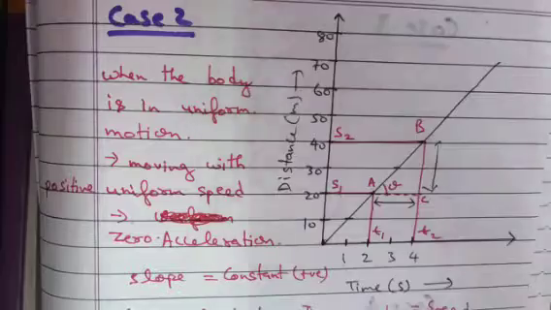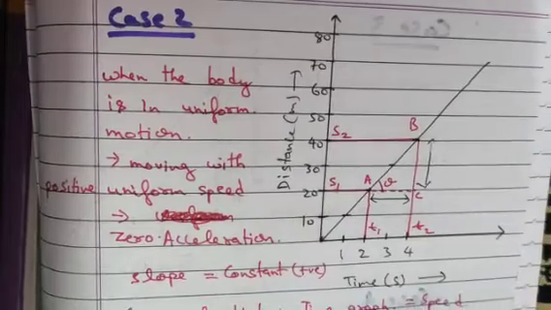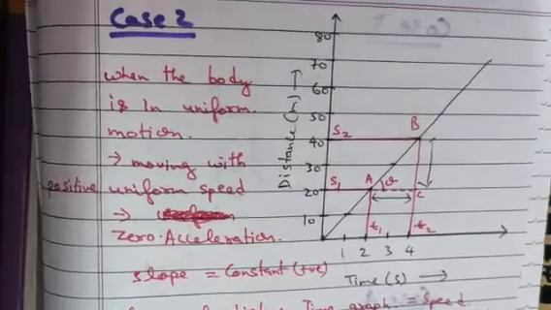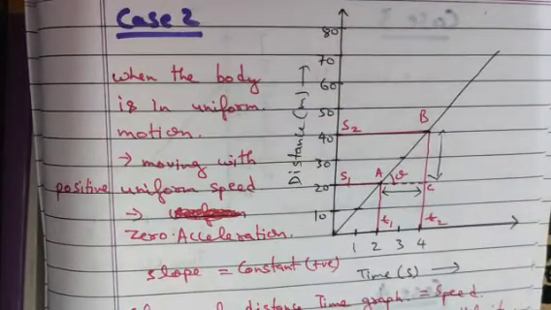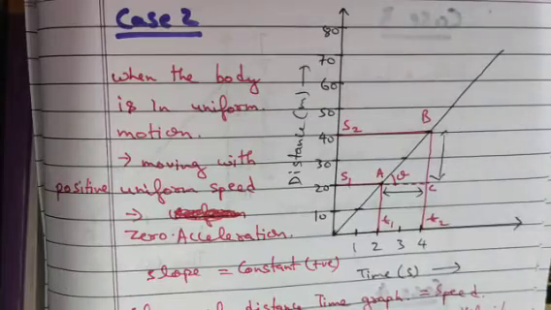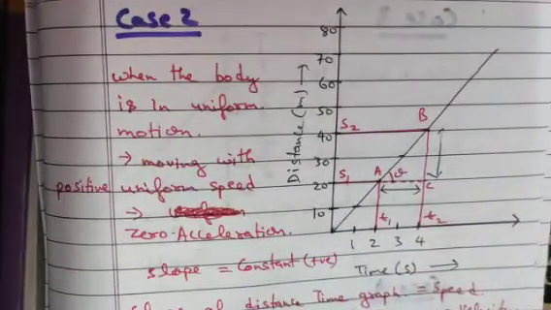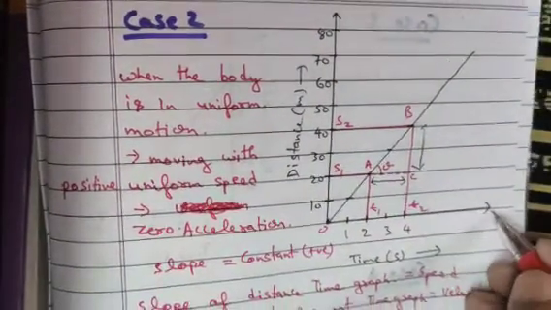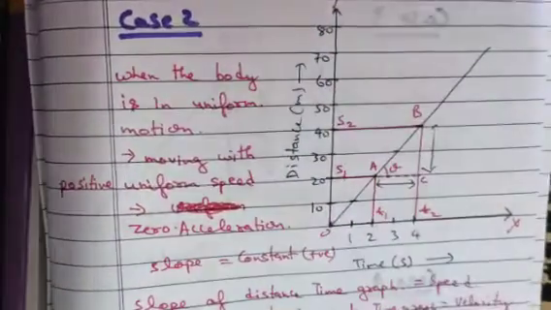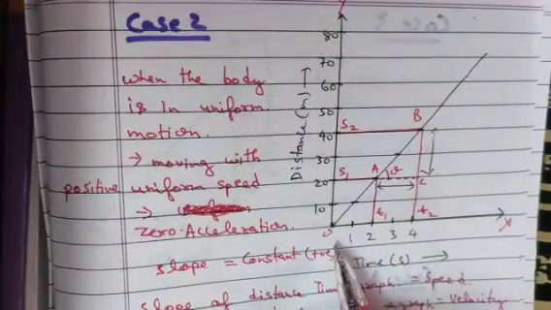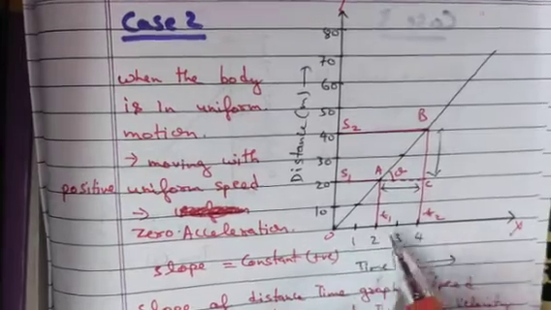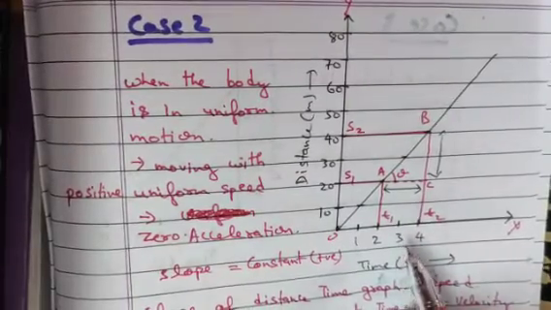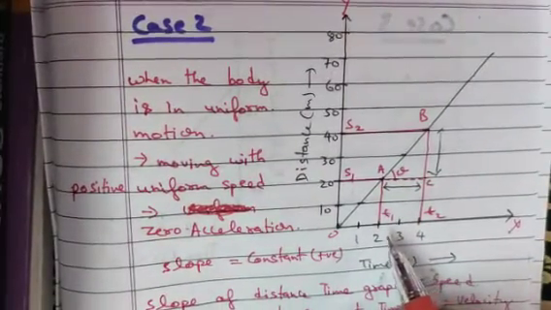Now the second case: when a body is in uniform motion, meaning it is moving with a uniform, constant speed, the graph will be a straight line passing through the origin. The point of intersection of the x and y axes is called the origin. This is the x-axis and this is the y-axis. The speed of this graph will be equal to the slope.